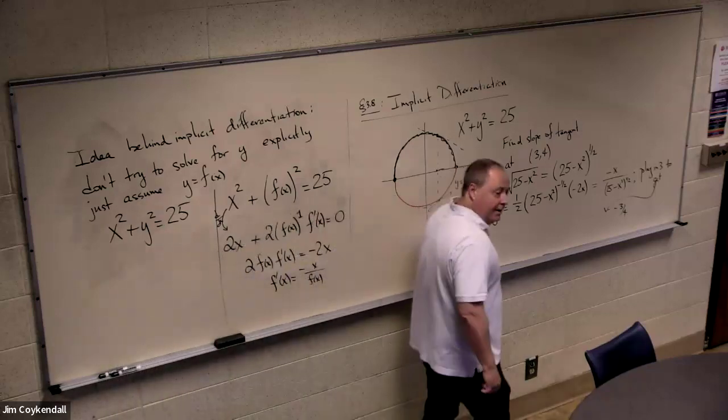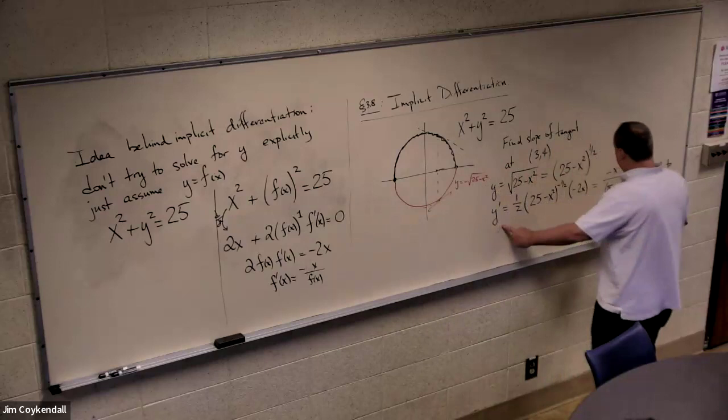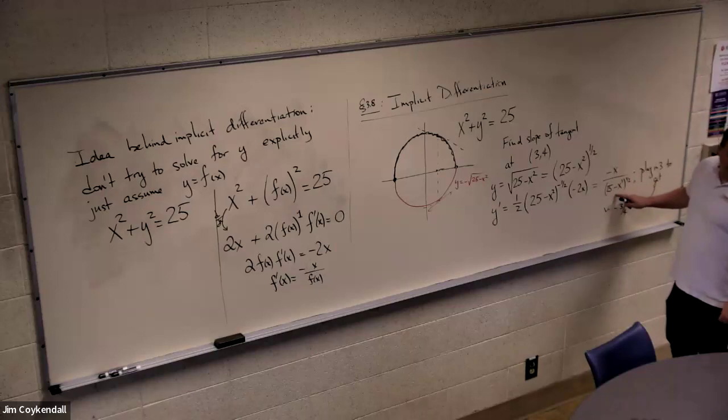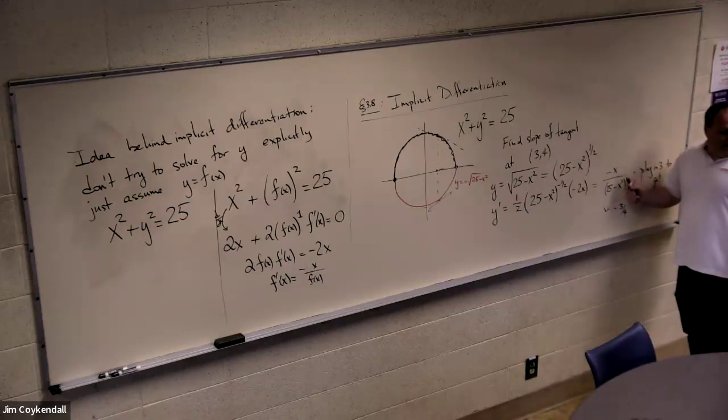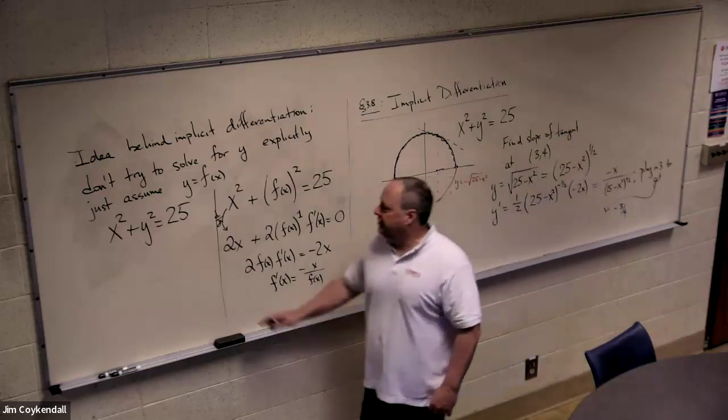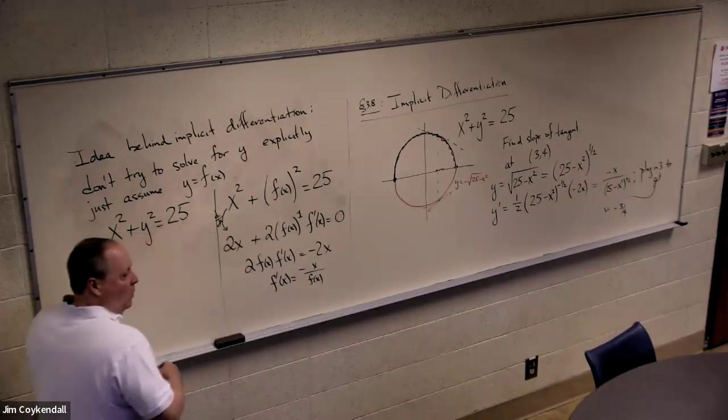Notice, that's exactly what we got. Negative x on top and f of x on the bottom. So I get the same answer that I got when I did this explicitly. This notation is perhaps more handy and quicker.